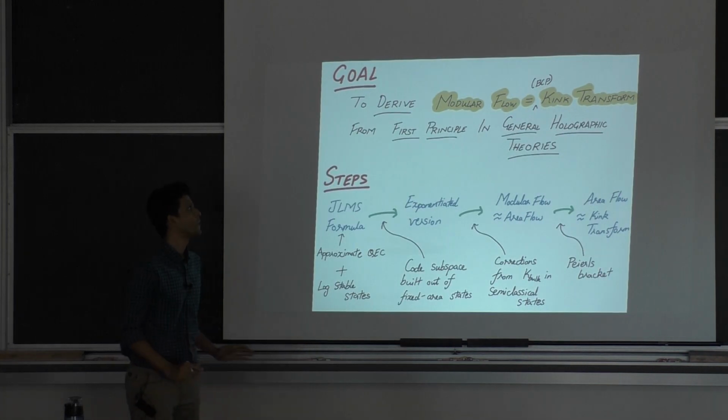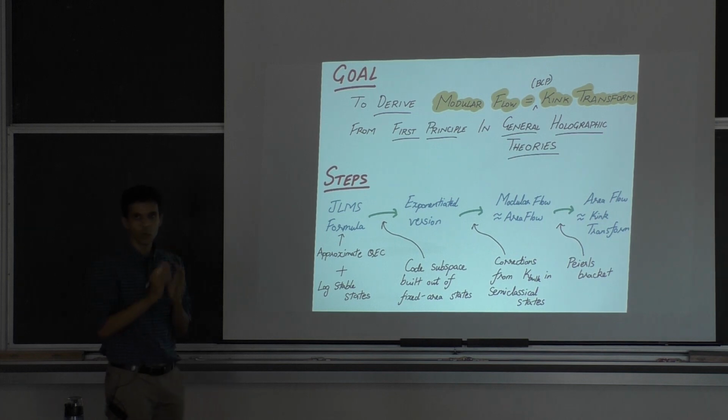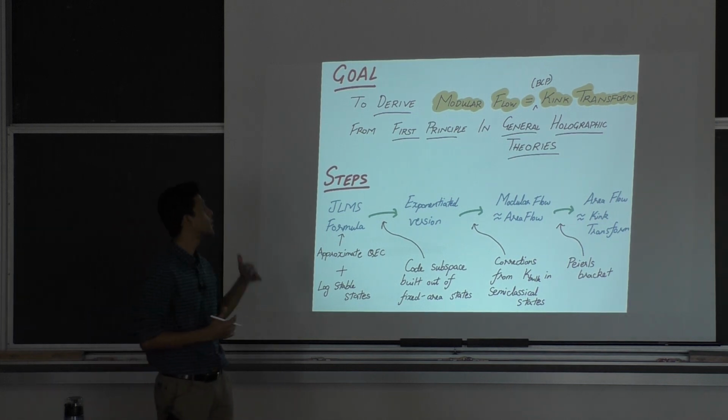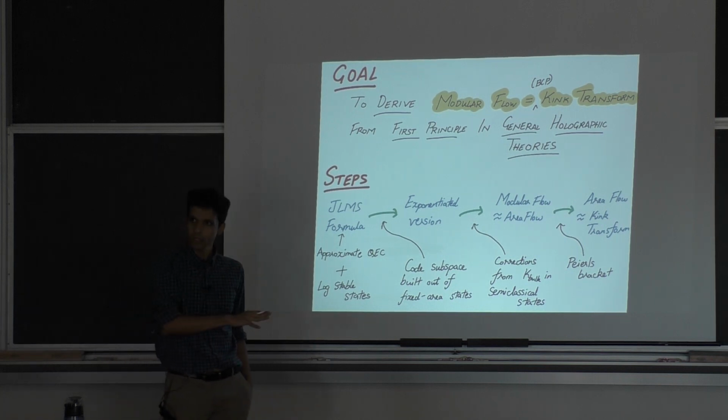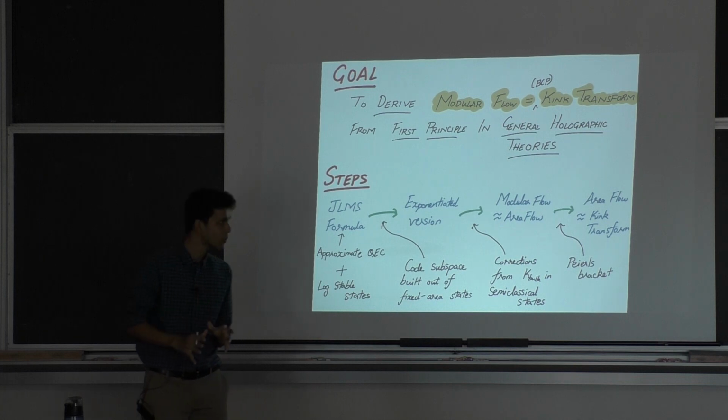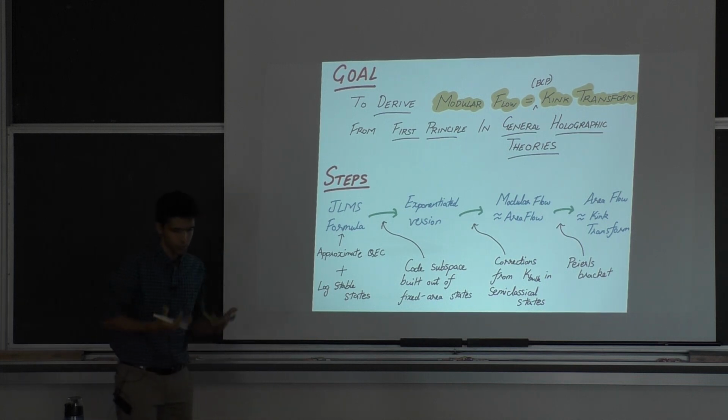Okay, so finally, with the introduction, let me tell you the goal of this talk. The goal will be to derive the fact that the one-sided modular flow is given by this boundary condition preserving Kink transform from first principles. We want to do this in general holographic theories, so not necessarily just Einstein gravity, but maybe higher derivative theories and so on.